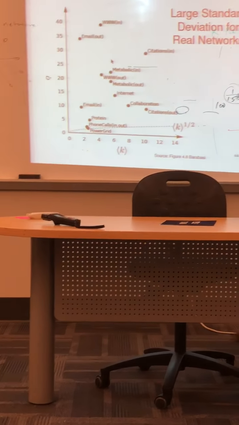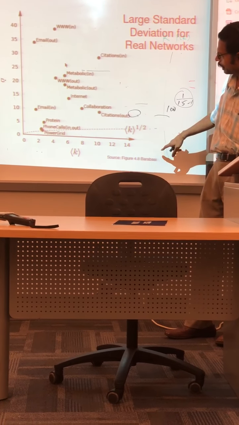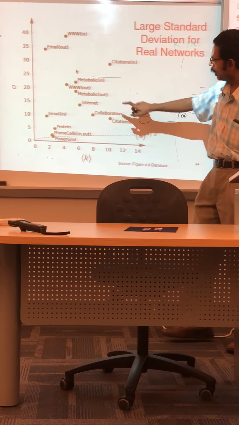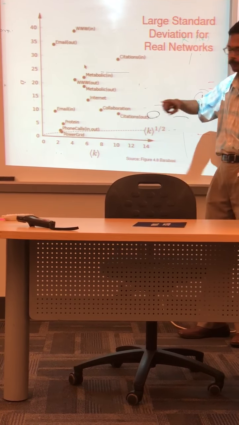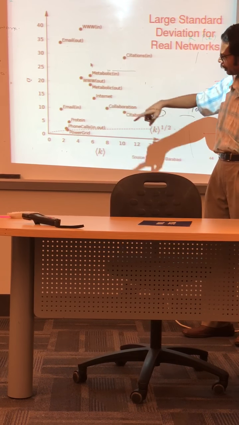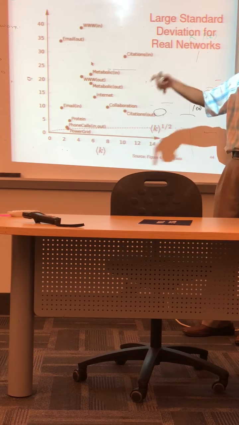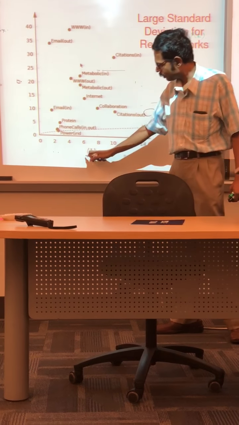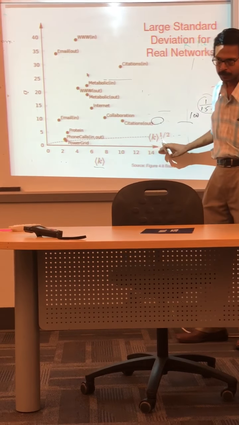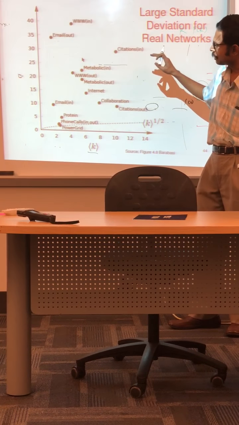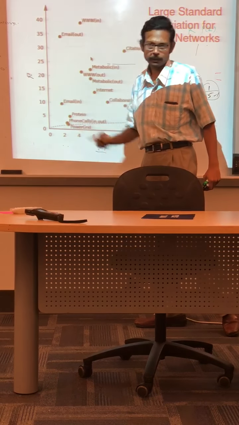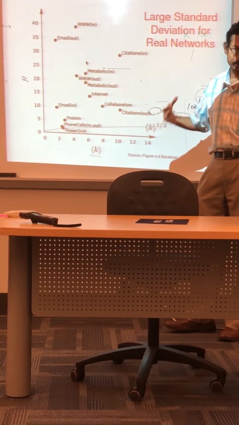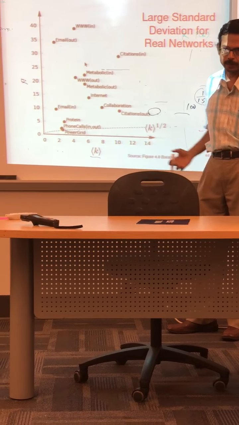These are again real-world networks: citation network, metabolic network, internet, collaboration network, and so on. You plot the average degree that you observe in each of these networks versus the standard deviation of degree. As I said, for scale-free networks, the standard deviation is typically much larger than the average degree.